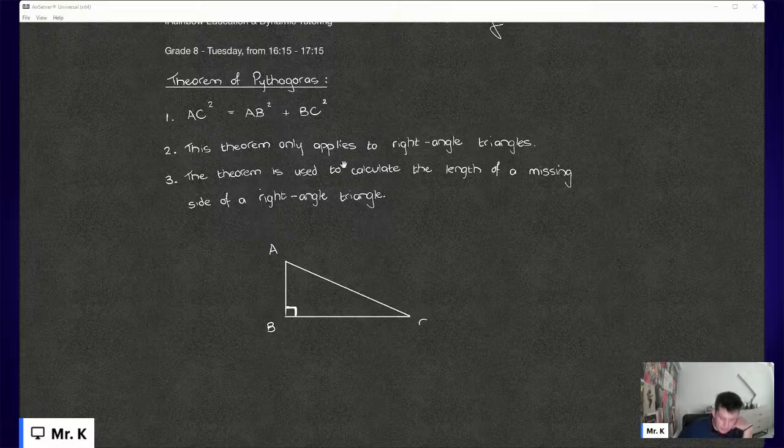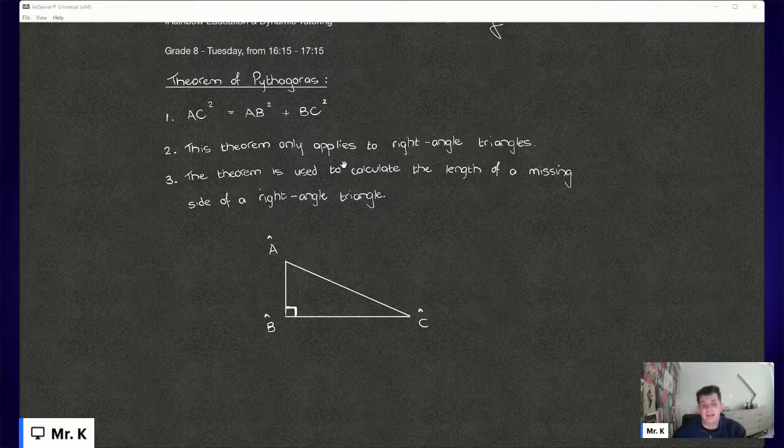Now, when we label this A, B, and C, generally speaking, we are supposed to use a little angle marking on the top over here. So it's angle A, angle B, and angle C.